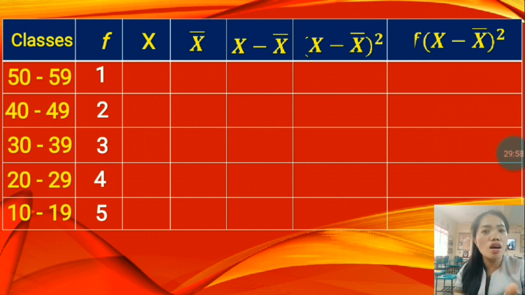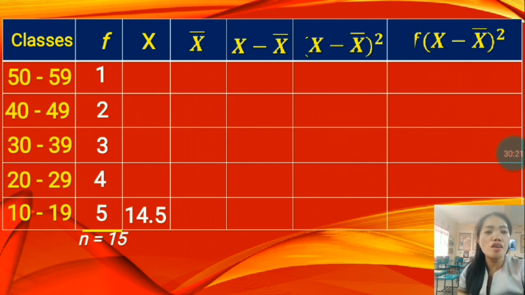So we'll proceed to the class mark, or x, the class mark. We already know how to solve for the class mark. By the way, we're going to get the summation of frequency first. We have our n is 15 for our sample size. To get the class mark, that is 10 plus 19 divided by 2, you have 14.5.